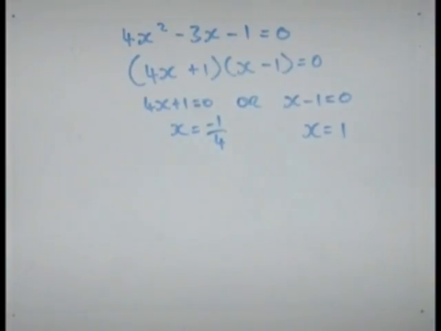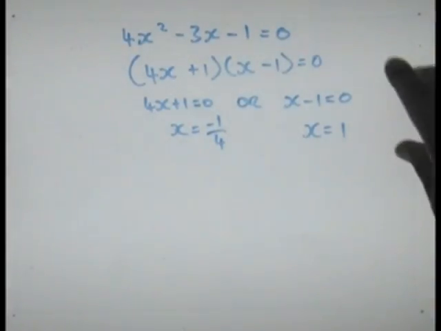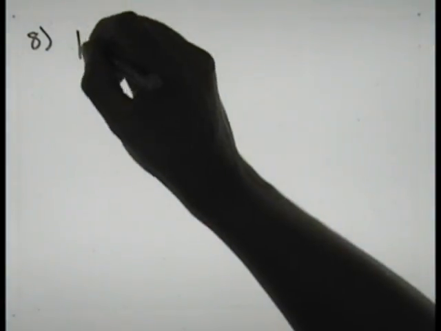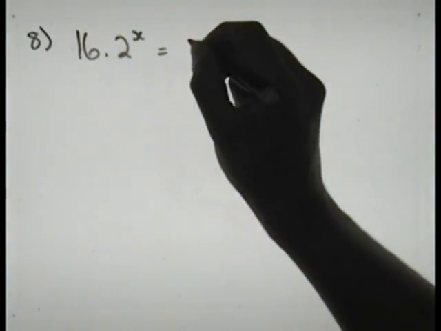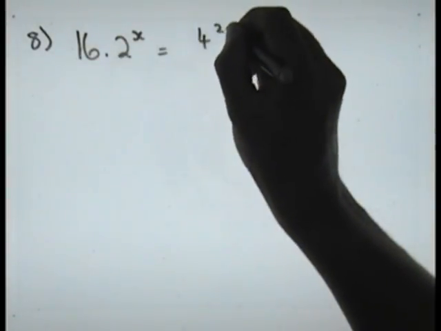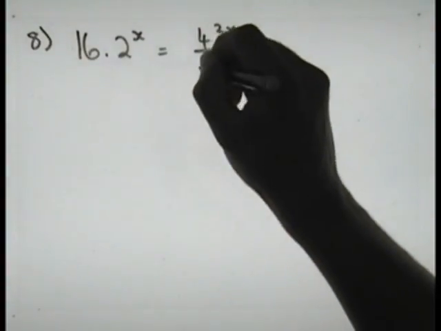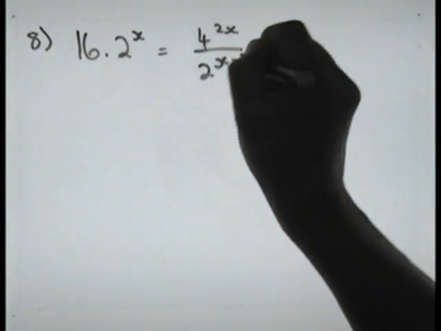Alright, let's move on to number 8. Number 8 says 16 times 2 to the power x is equal to 4 to the power 2x divided by 2 to the power x minus 3.